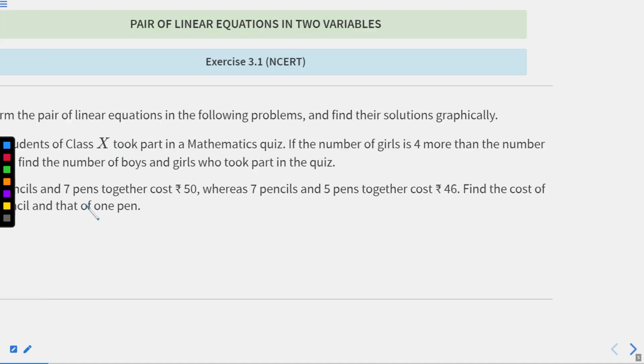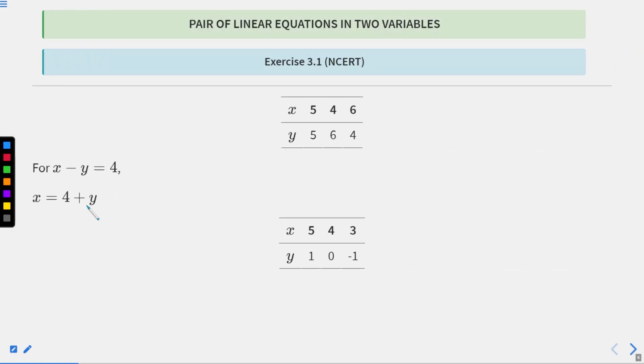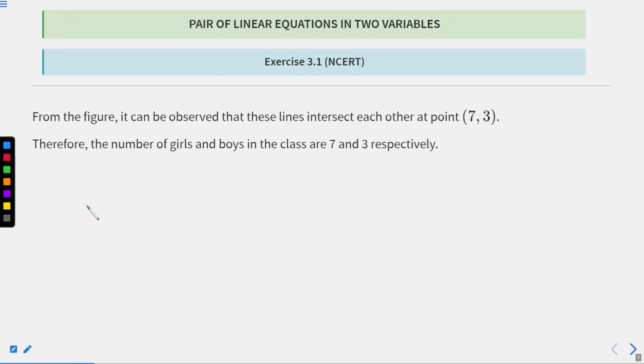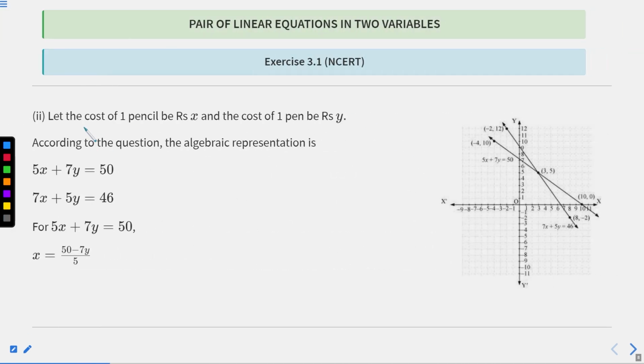Okay, so let us see how to solve. So here we let the cost of one pencil be rupees x and the cost of one pen be rupees y. So according to the question, the algebraic representation is 5x plus 7y equal to 50, and 7x plus 5y equal to 46.